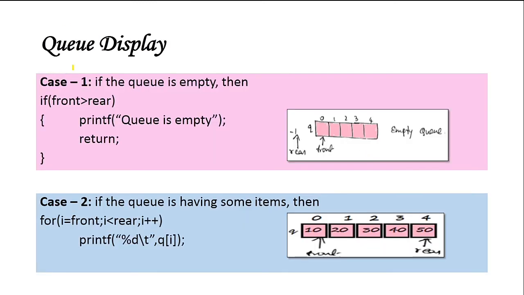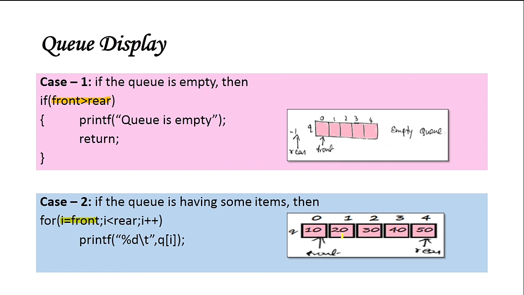Now, how can we display the queue? There are two cases for displaying the queue. If the queue is empty, then you need to display that the queue is empty. When will we get that condition? When front is greater than rear, you have to display queue is empty, right? If the queue has some items, then you start from I equal to front, so 10 will be displayed first.